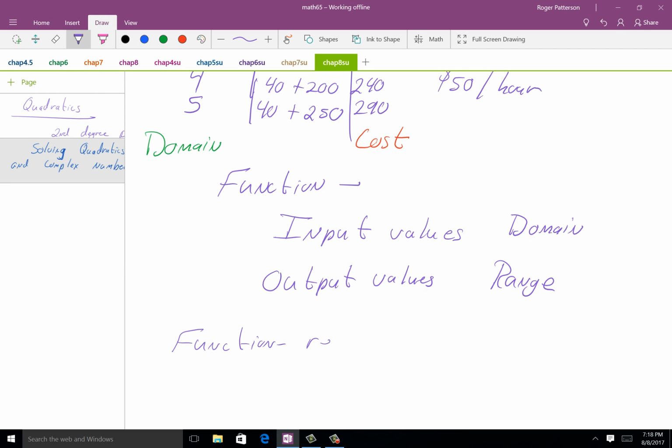It's a relation or correspondence. Try not to make this too mathy for you here.